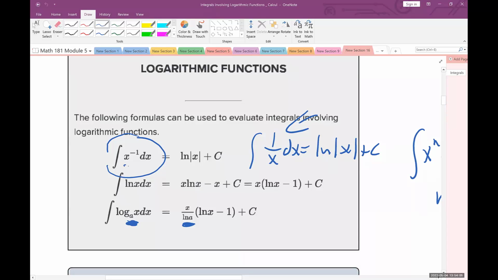In this first case, you could have had a negative, so the answer has to be an absolute value. In the second case, for this to exist, x has to be positive, and same thing here, x would have to be positive. So it's kind of an unspoken subtlety, and I'm glad you saw that. It's good to talk about it.